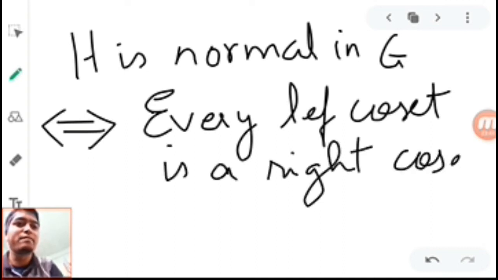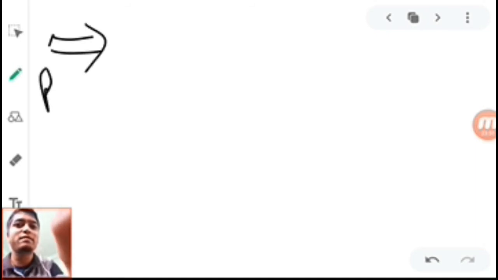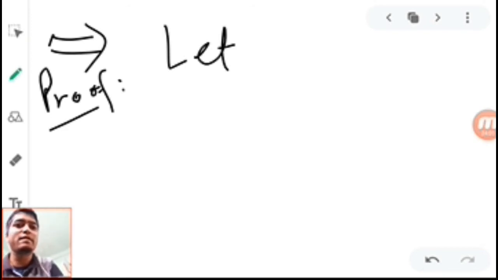So this is the second theorem. Let's see. Proof. Again, the direct way first. Let every left coset be a right coset.